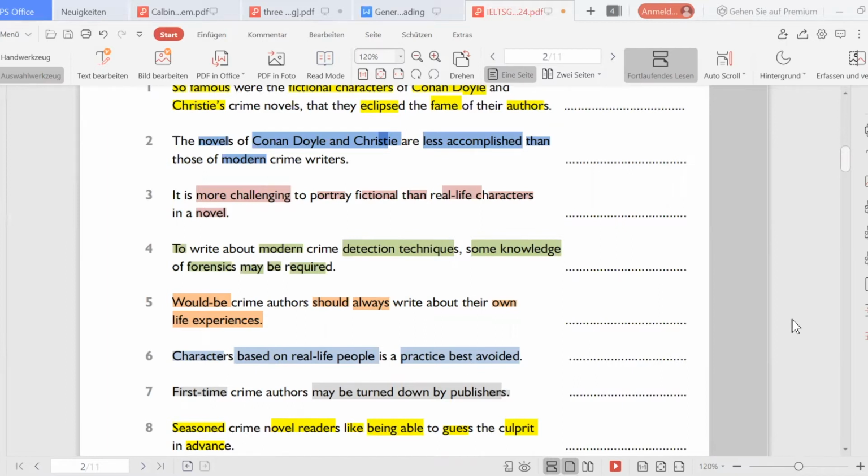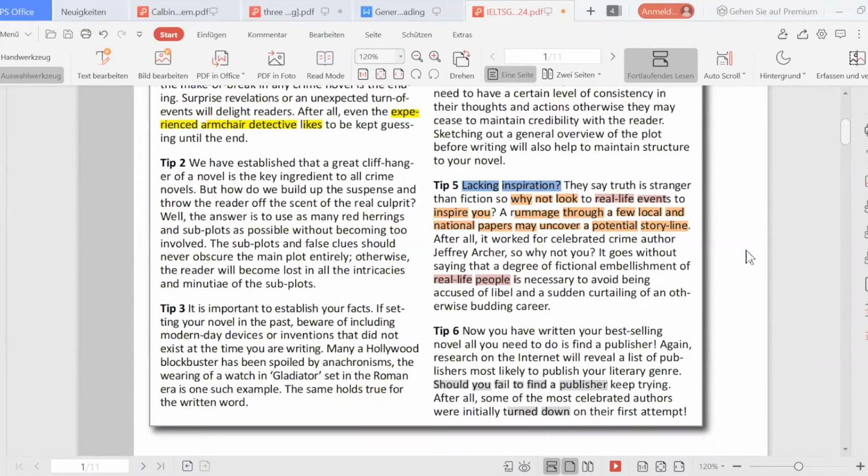Okay, practice best avoided. But the sentence that we read here is that actually, if you lack inspiration, you can use real life events. And what does real life events mean? That you, in the end, end up using real life people. Okay, so we see the keywords real life people here.